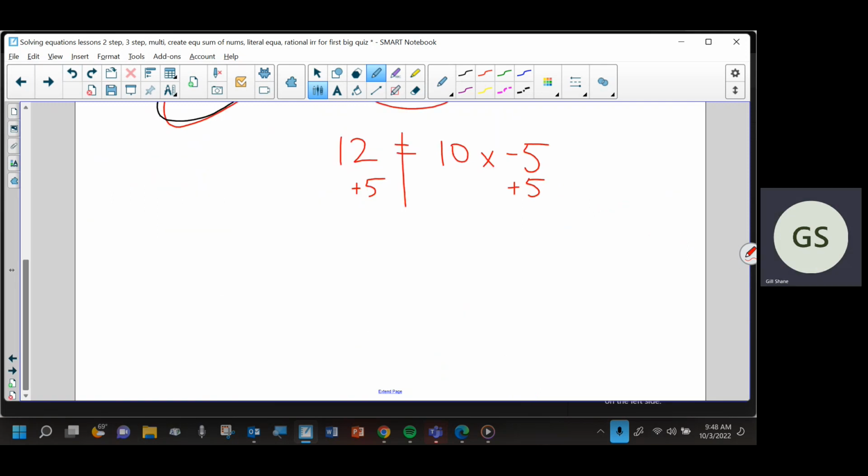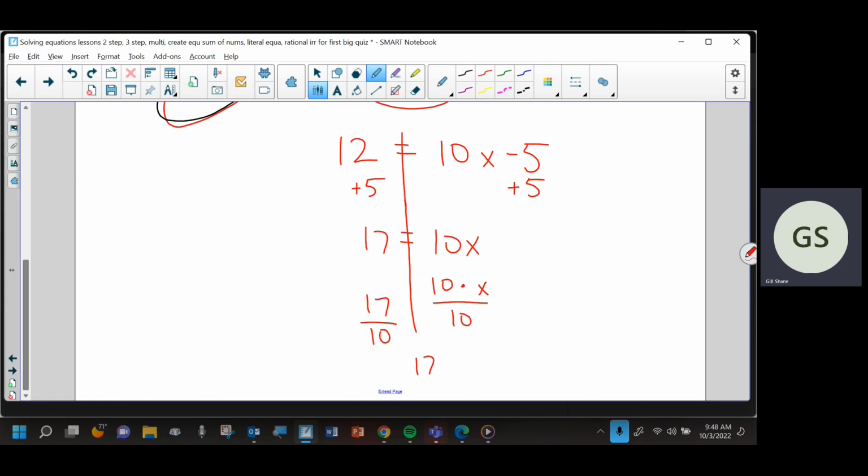Well, that gives me positive 17 equals 10x. I just bring the 10x down. And then my last step, if this is 10 times x on the right, well, then I need to do the opposite, which is divide by 10. Well, I need to do the opposite over here and divide by 10.